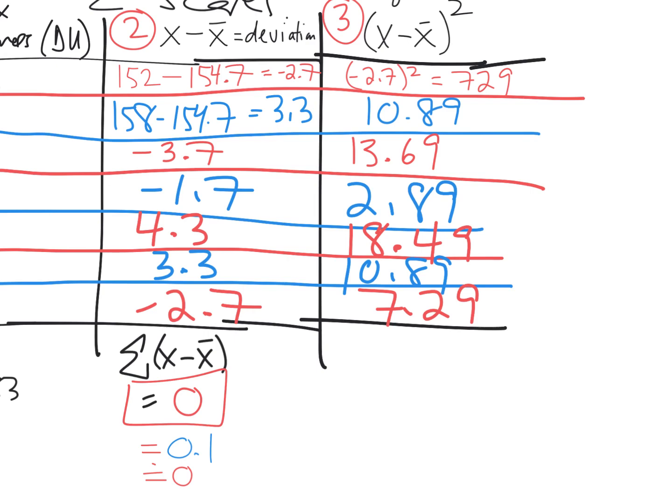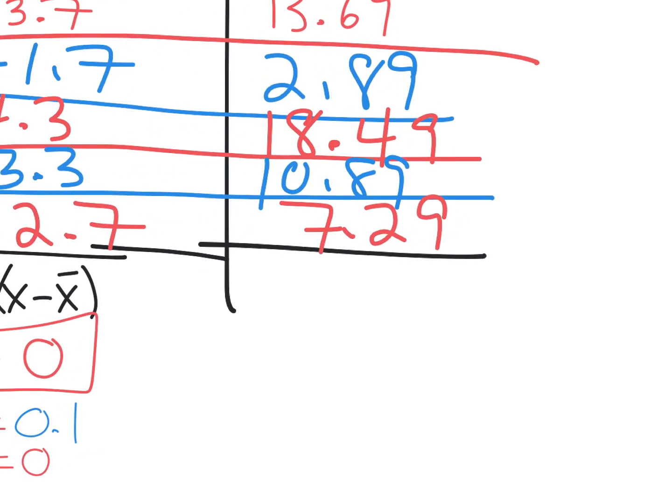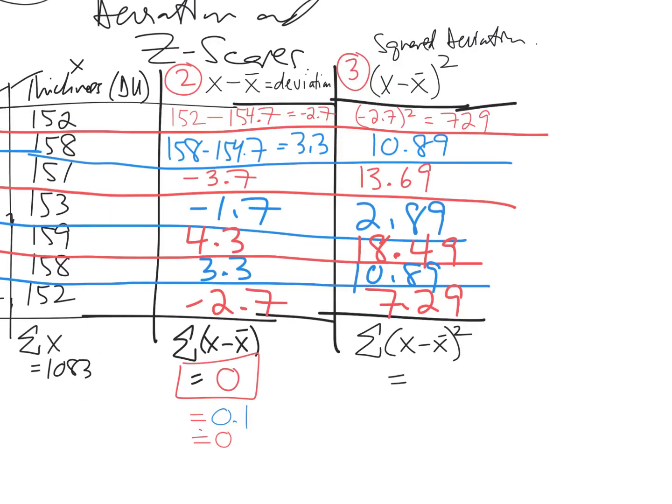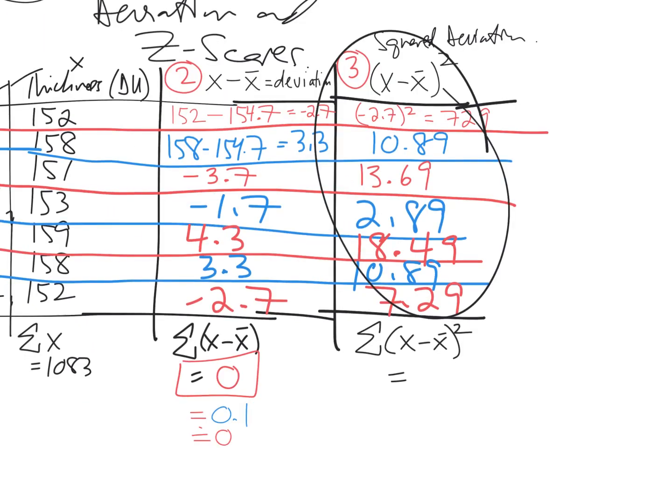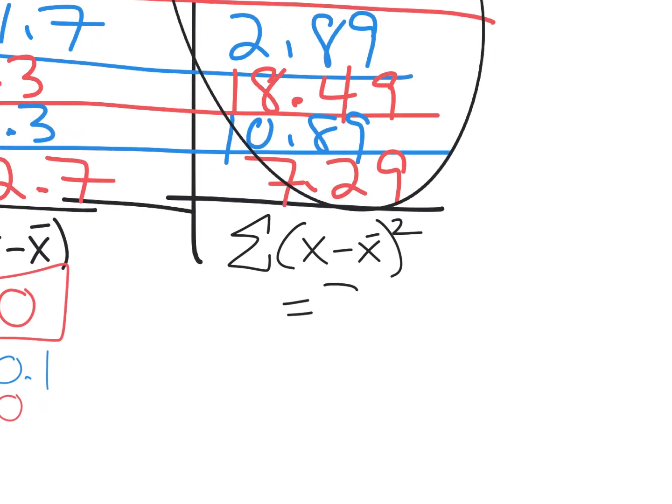Okay, so let's move on to the fourth step, which is to take the sum of the deviations squared. So this third column, the deviations that were squared, we're going to take the sum of that column. In this case, it's 71.43.